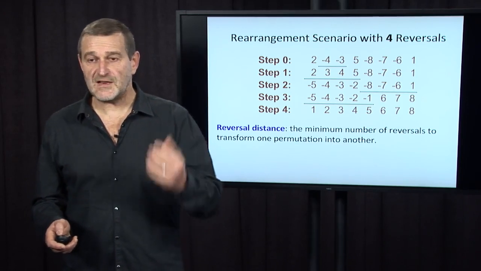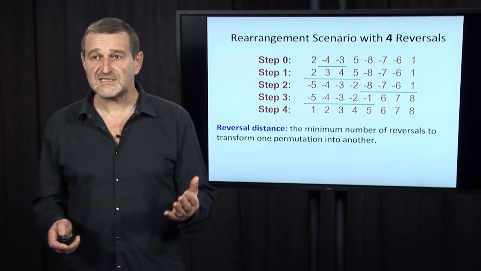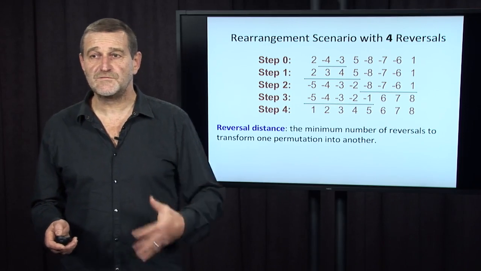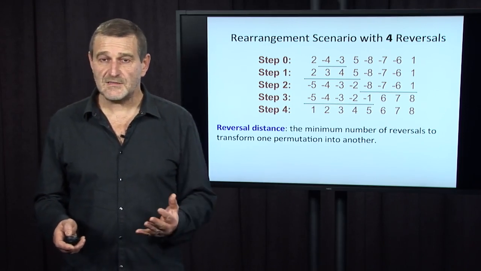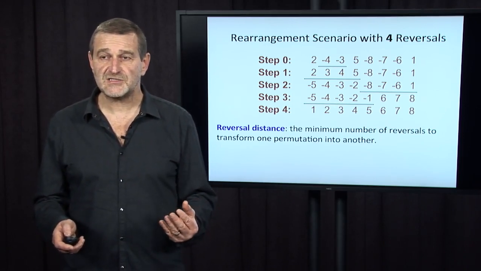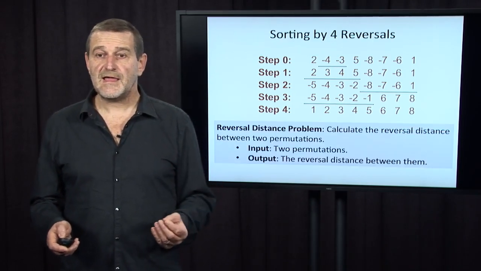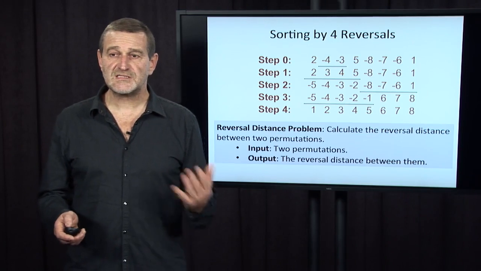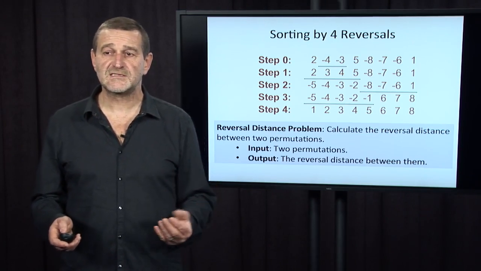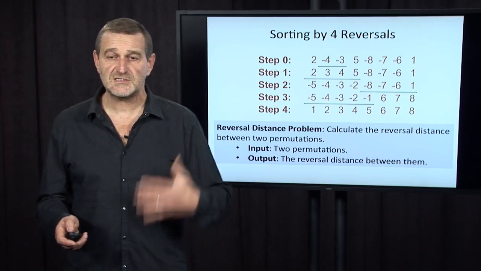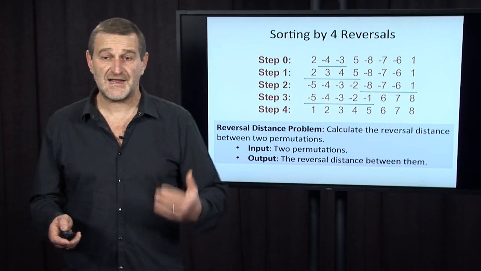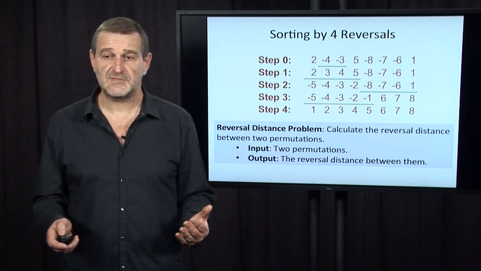So we now have a transformation of one genome into another with 4 reversals, but maybe there is an even faster transformation of these genomes with just 3 reversals. The reversal distance problem is the problem of calculating the reversal distance between two permutations: the input is two permutations, and the output is the reversal distance between them.